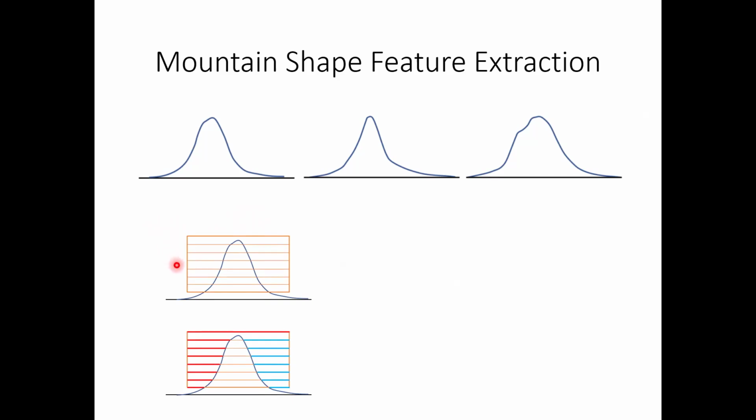For each line, the start length is defined as the length from the left edge of the frame to the point where it hits the mountain. The other side is defined as the end length.